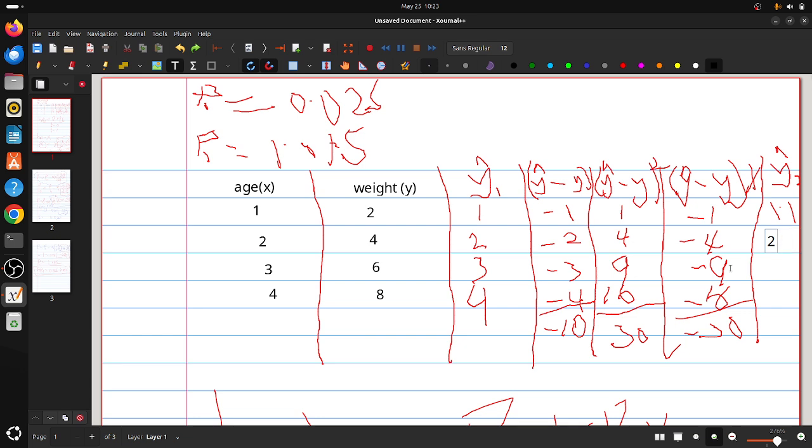Maybe if I can extend it a bit here, 2.175. Right, and the first one was 1.1.